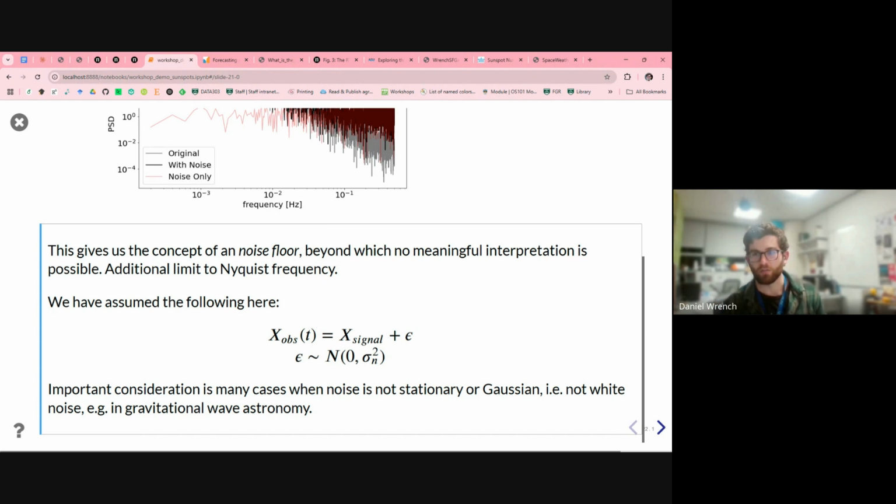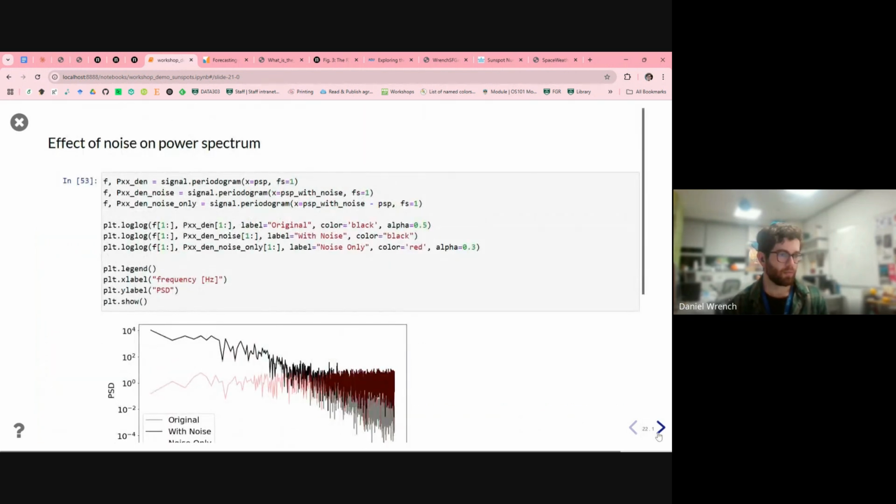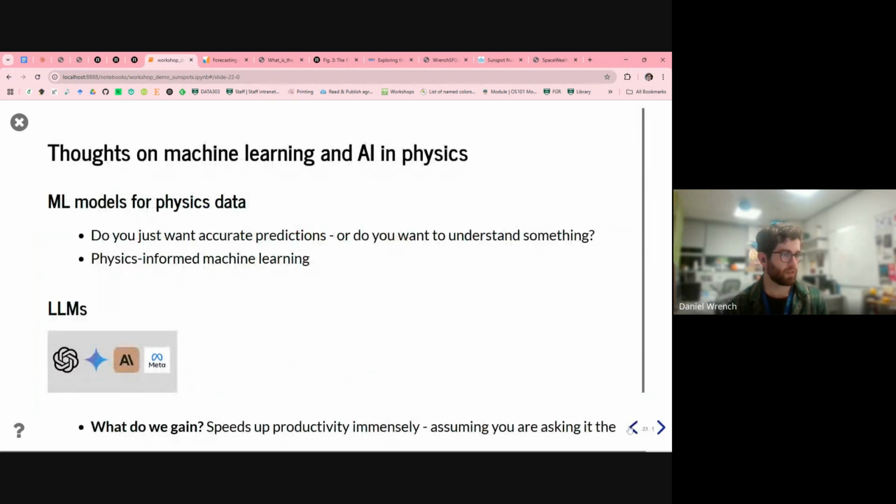Should it be measuring count, in which case it should be Poisson, or is it not stationary or Gaussian at all? And apparently that is very common in gravitational wave astronomy, that you'll have complicated noise patterns which you somehow have to deal with. I think that might be it.